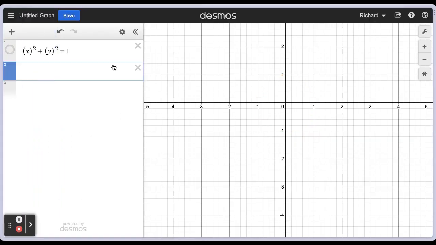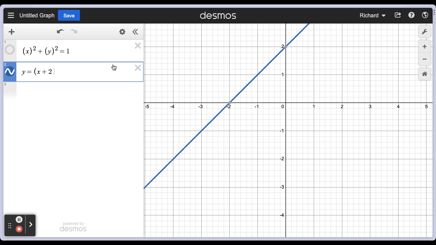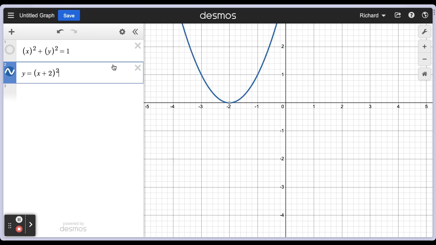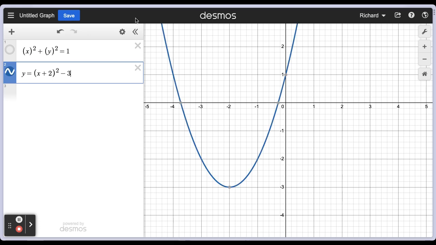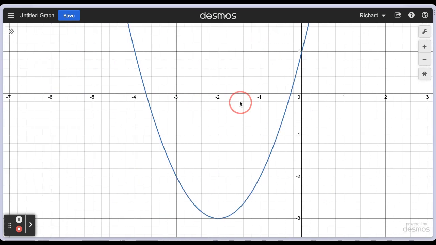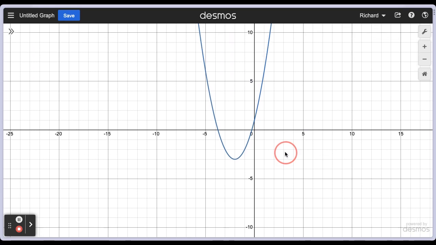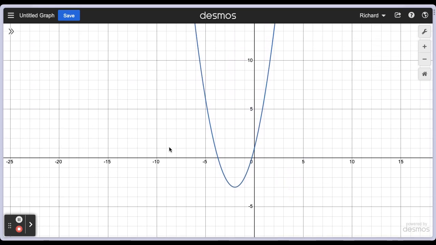So if I create a function y equals (x + 2)² − 3, the domain for this function, I'll just zoom out a bit, is, well, every single x value that I can think of would be able to be input into the function.